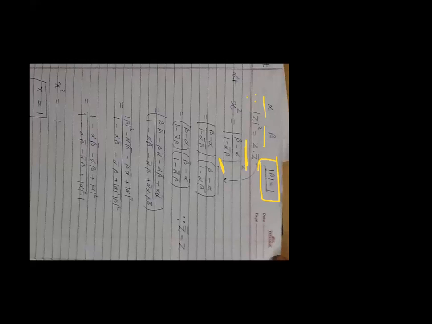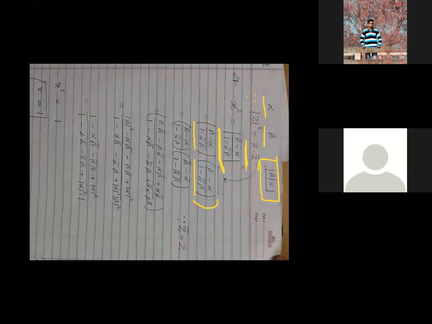As per the concept, mod z square is equal to z into z conjugate. In the same way, this is also a complex number, so it is complex number into its conjugate. Now the conjugate will come inside: beta conjugate, then 1 minus alpha conjugate to whole conjugate into beta conjugate.